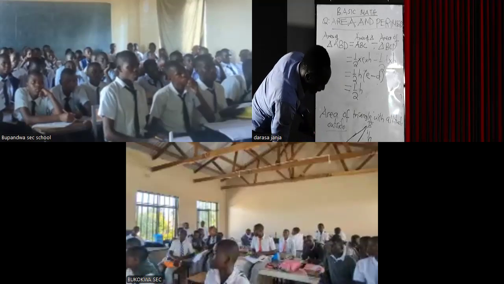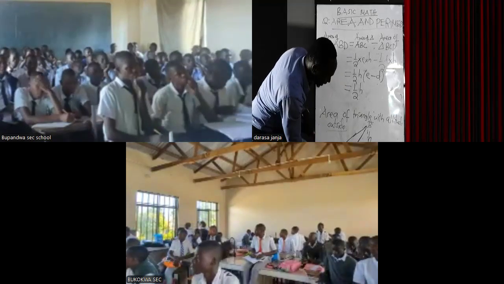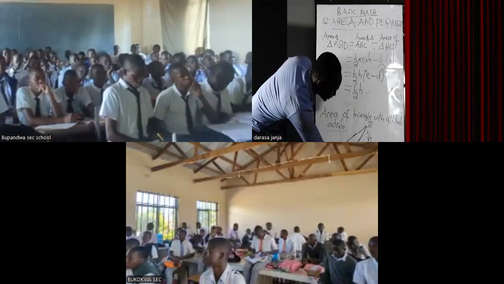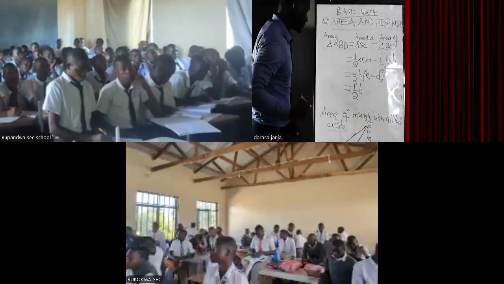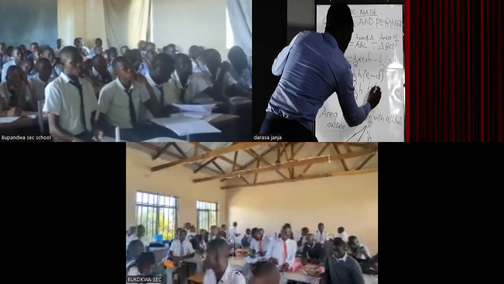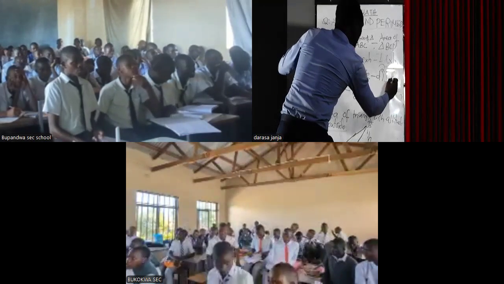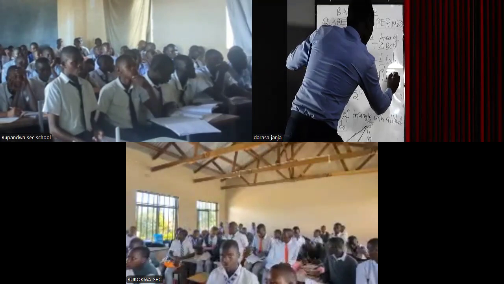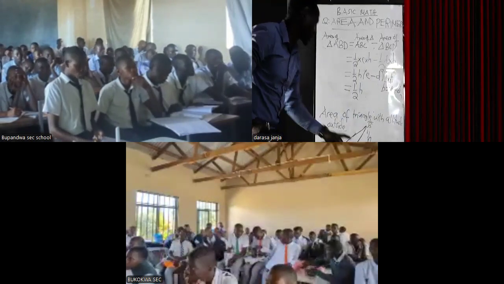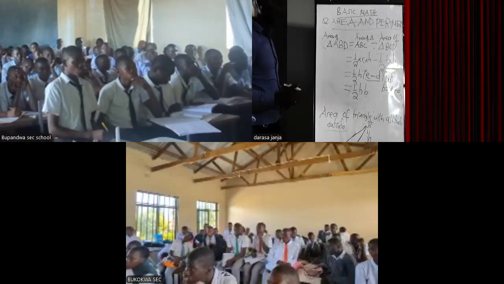Urefu wa kutoka hapa mpaka hapa tunauwakilisha kwa E, na urefu wa kutoka hapa mpaka hapa ni D. Kwa kumpata B, we are taking E, tunatoa na D. We are getting this B. So here I'm writing that B is equal to E minus D, according to how I have explained. So here I'm putting B instead of E minus D.